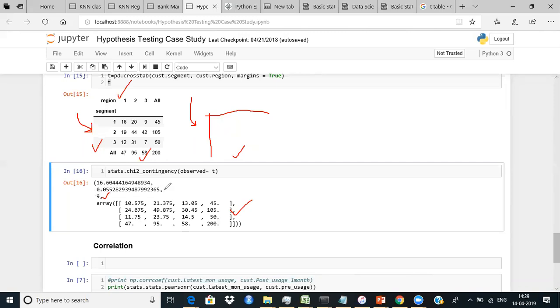The second output from the top that you get is actually the p-value of the chi-square test. The fourth value that you get is the value of the chi-square test statistic.